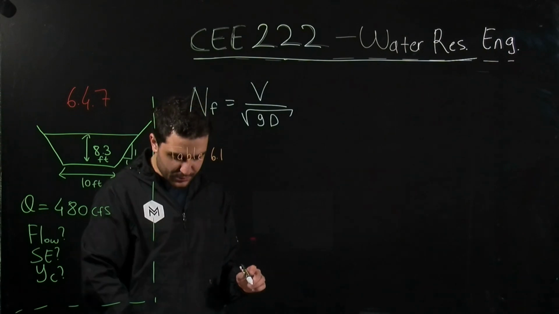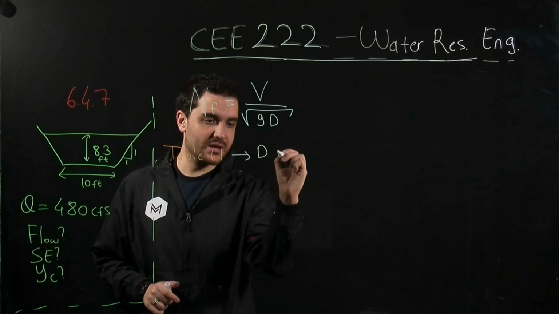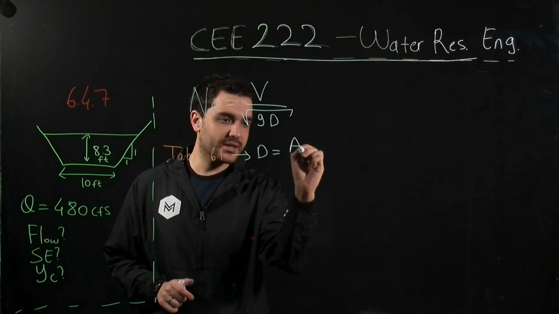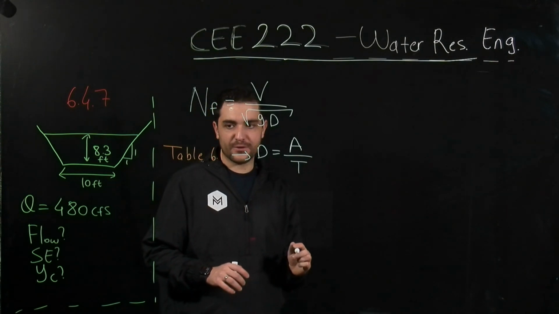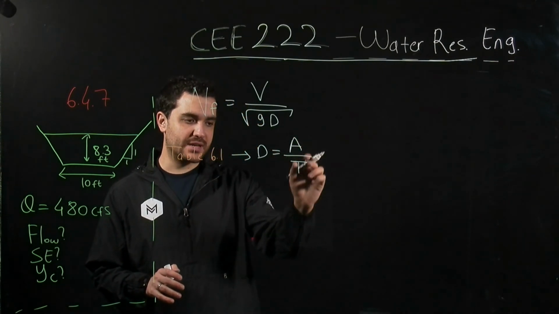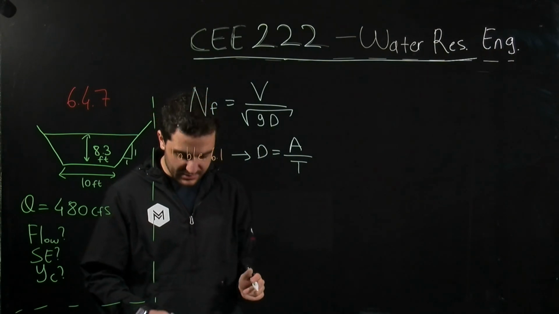According to table 6.1, the hydraulic diameter is equal to area over top width. Therefore, we need to find the area first, and then we will find the hydraulic diameter.